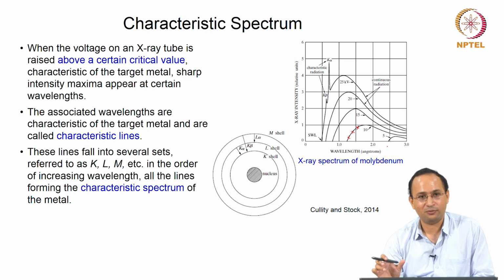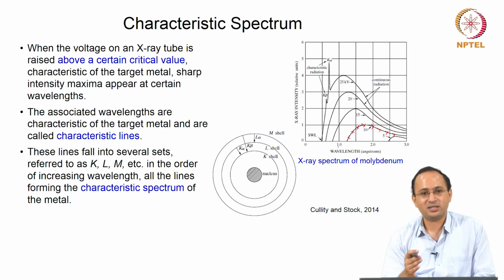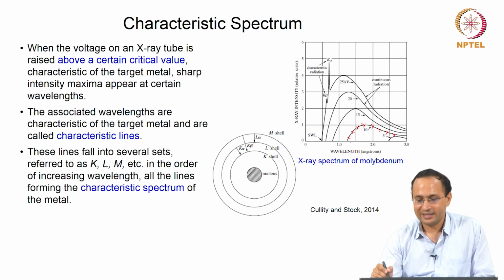That is the voltage difference. You will get a mixture of wavelengths and also X-ray intensity changes.